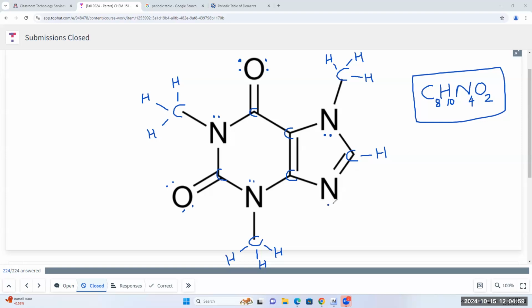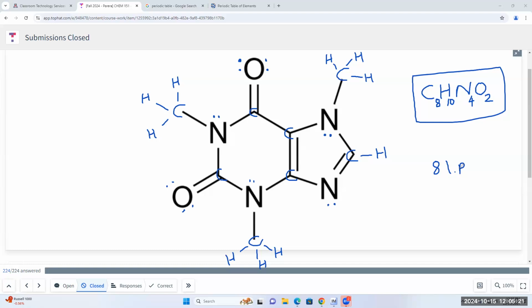Therefore, I need to add 2 more electrons, so 1 more lone pair. Then I count them. I have 1, 2, 3, 4, 5, 6, 7, 8 lone pairs. That's it. Done.